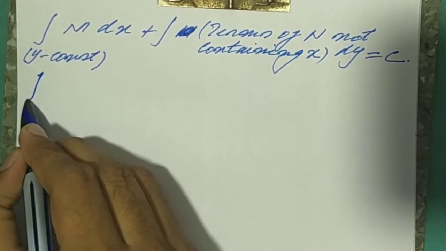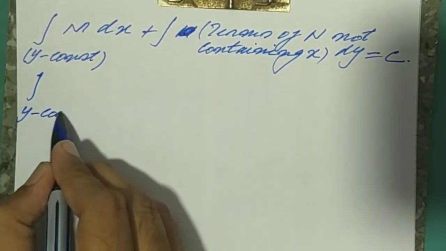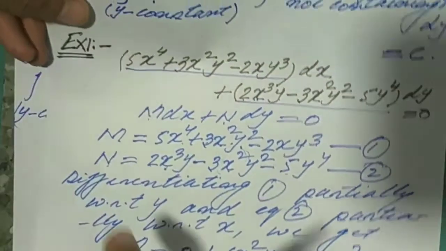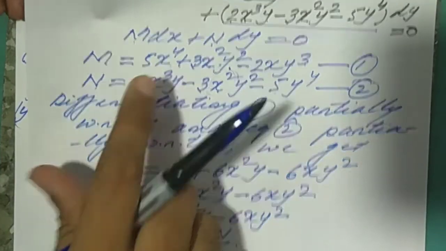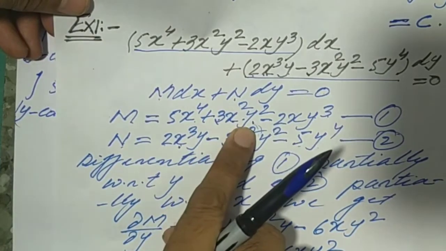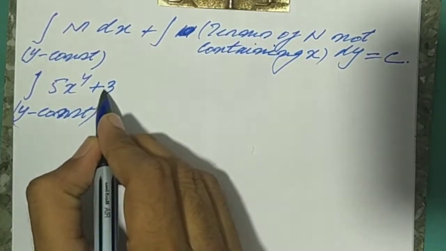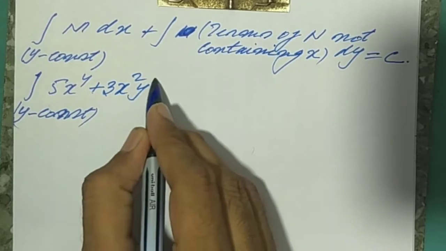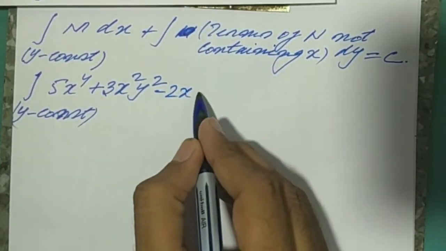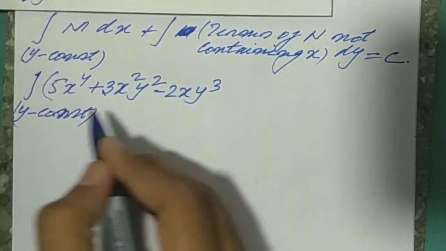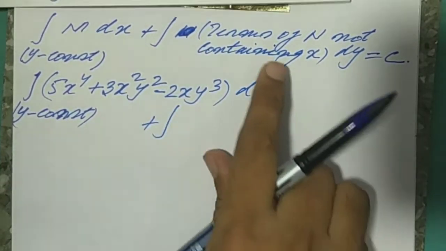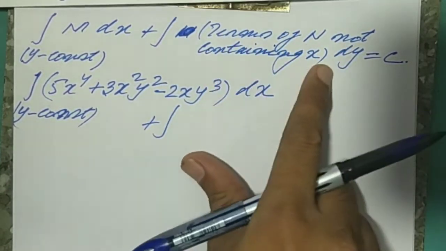So integral, y as constant, M, which is 5x to the power 4 plus 3x square y square minus 2xy cube, dx, plus integral of the terms of N not containing x.